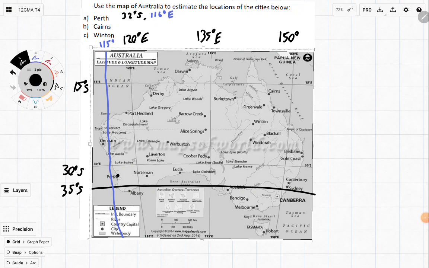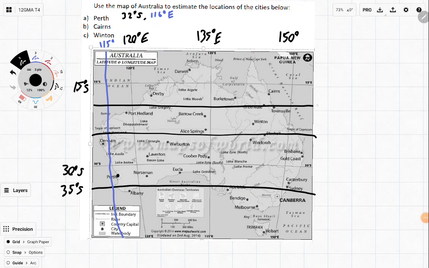Let's look for Cairns. Cairns is up here. And it's in between the 135 and the 150 degree east, and it's in between the 30 and the 15 degrees south. So let's do south first. For the south, once again, it's kind of useful to break it into those 5 unit markers.